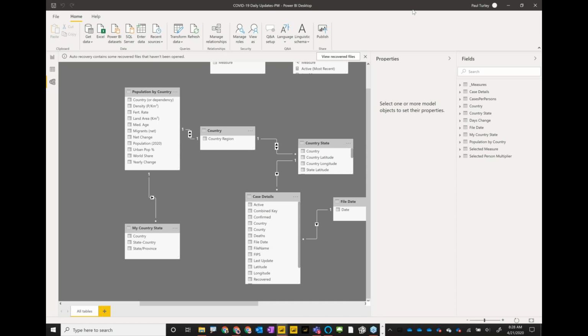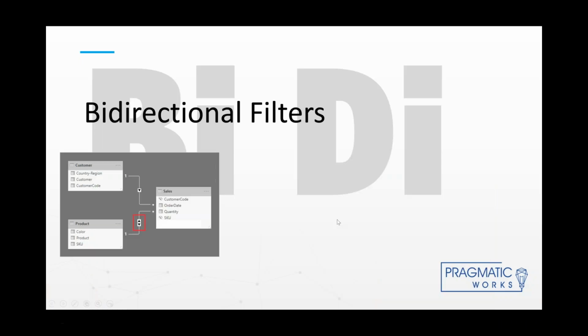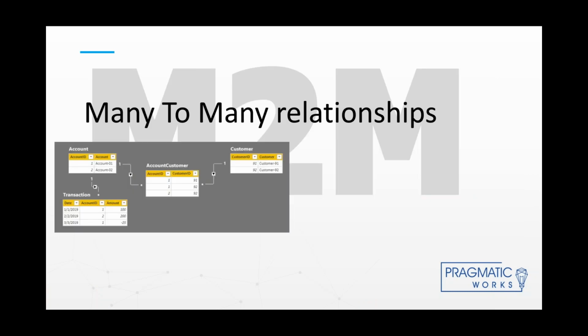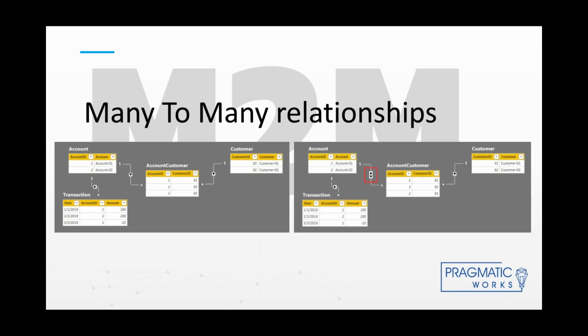All right, back to PowerPoint for now. So those are bidirectional filters. Oh, look, I'm showing you a screenshot of exactly what I was talking about. All right, many-to-many relationships. I'm just going to talk through the concept of many-to-many relationships very quickly. It can be a complicated topic, and there are a couple of different approaches.